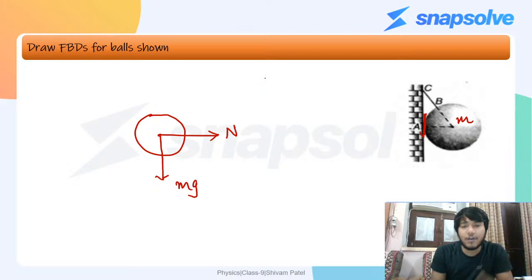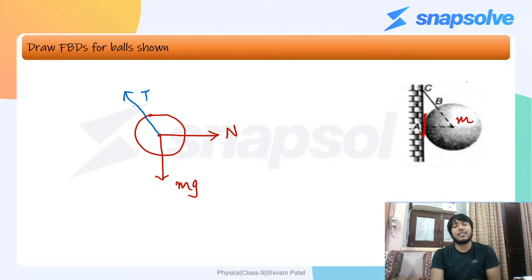Now what is the function of a rope or a string? A rope or string always pulls, right? It can never push anything, right? So the pulling force, as we have studied already, what is the pulling force of a rope called? The force by which a rope pulls is called the tension force, right? So in this case, the tension of the string will pull this mass towards this direction, and I'm marking that force by the letter T, as it is the tension force.